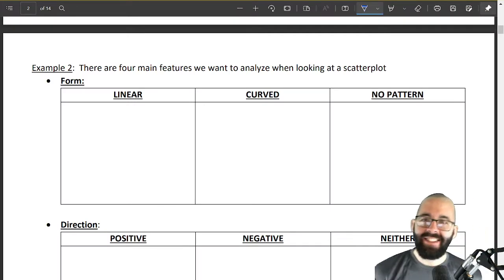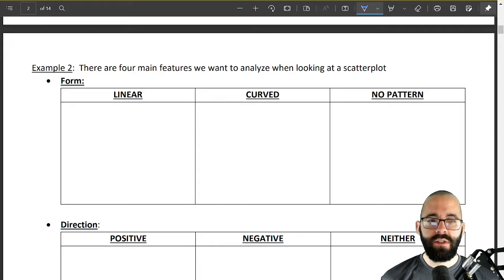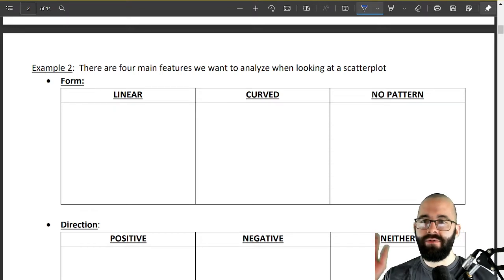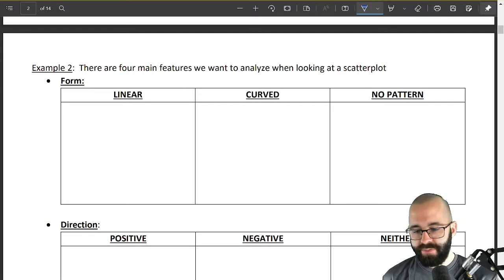All right, let's talk about different features that we're going to look at when we look at scatter plots. We're going to give these as kind of informal definitions. The book has much more formal definitions if you want them, but I'm just going to give pictures and ideas, and we'll talk about these different aspects of scatter plots.